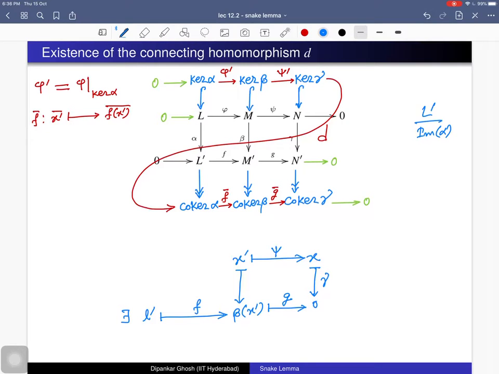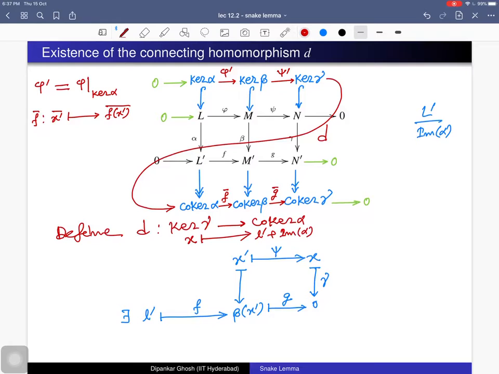So we can define the connecting homomorphism D from kernel gamma to co-kernel alpha in this way. You consider some element in kernel gamma, that is x, and its image we define to be the equivalence class of L prime, so L prime modulo image alpha.